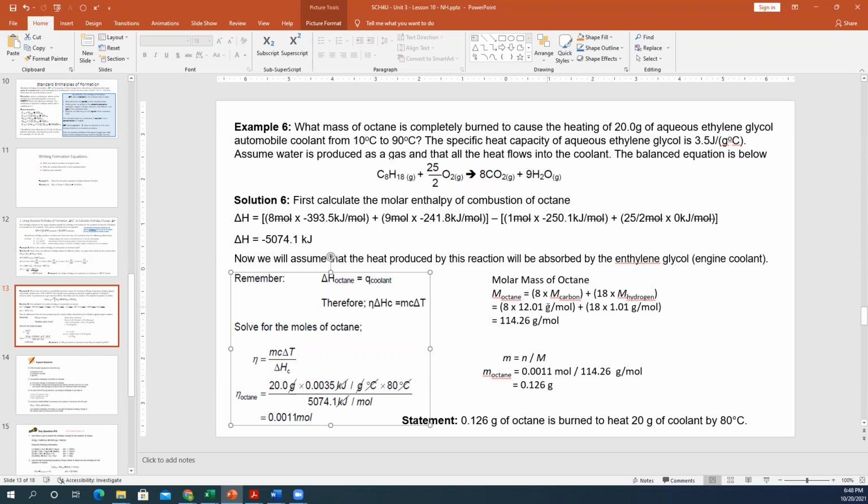And we end up with 0.12 grams. And then we write our statement at the end that says 0.12 grams of octane is burned in order to heat 20 grams of coolant, being ethylene glycol, by 80 degrees Celsius.